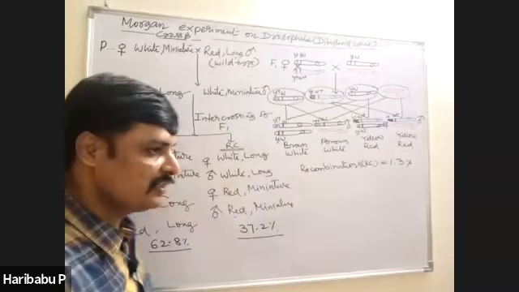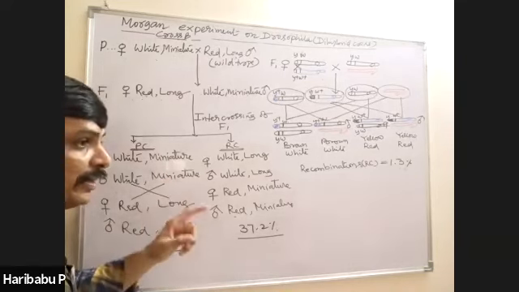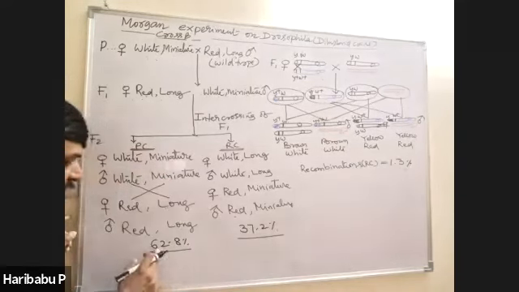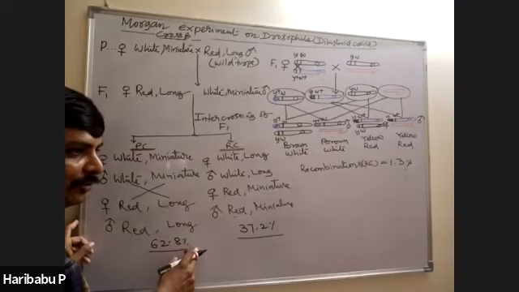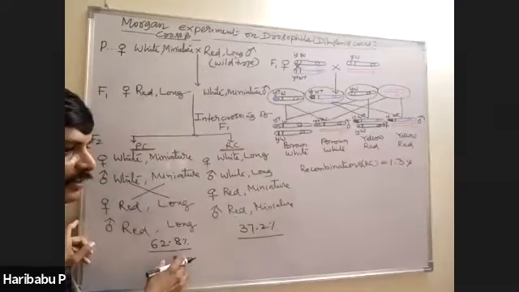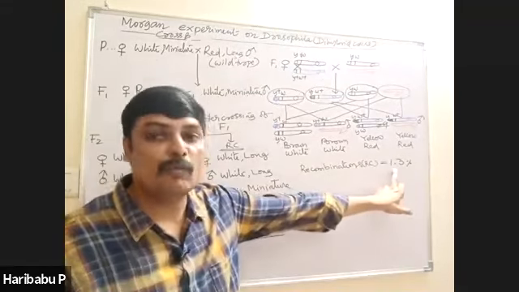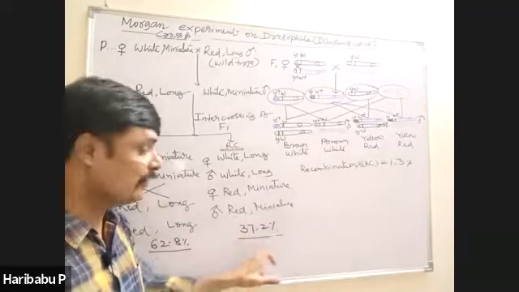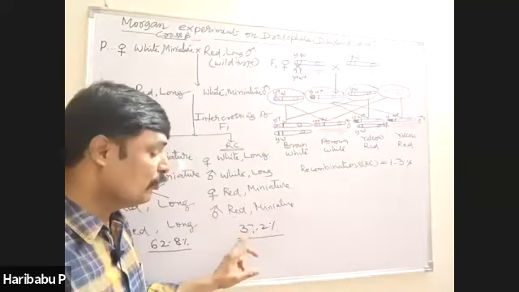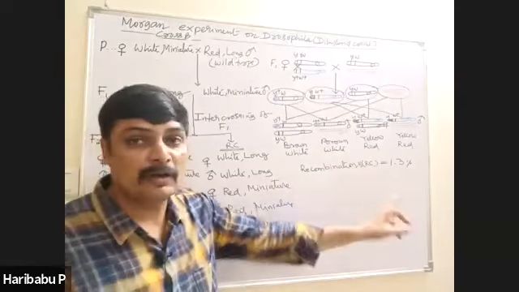What is the percentage of parental combinations in the previous cross? 98.7%. Here 62.8%. So parental combinations are less here. Similarly, the recombinations in the earlier cross were 1.3%. Now the recombinations are 37.2%. That means more recombinations are produced in this cross when compared to that one.